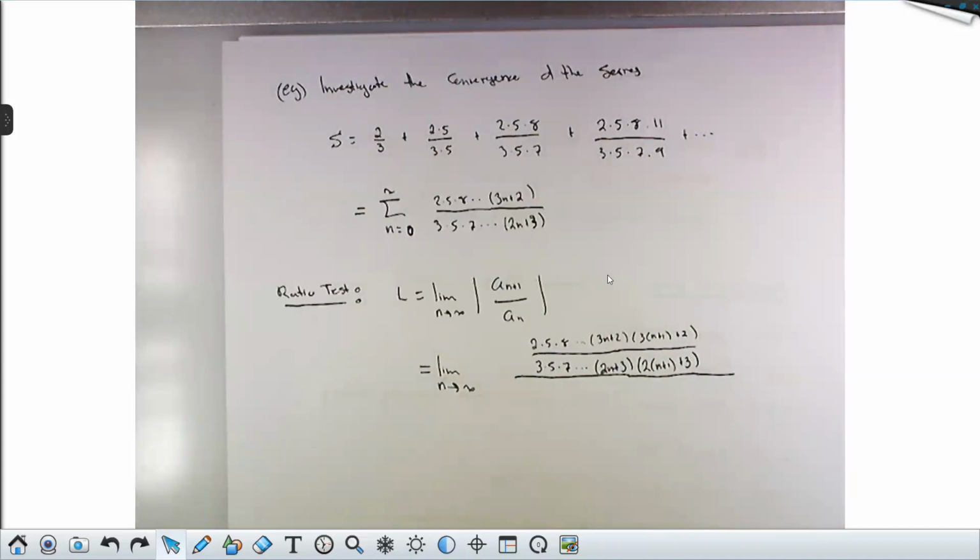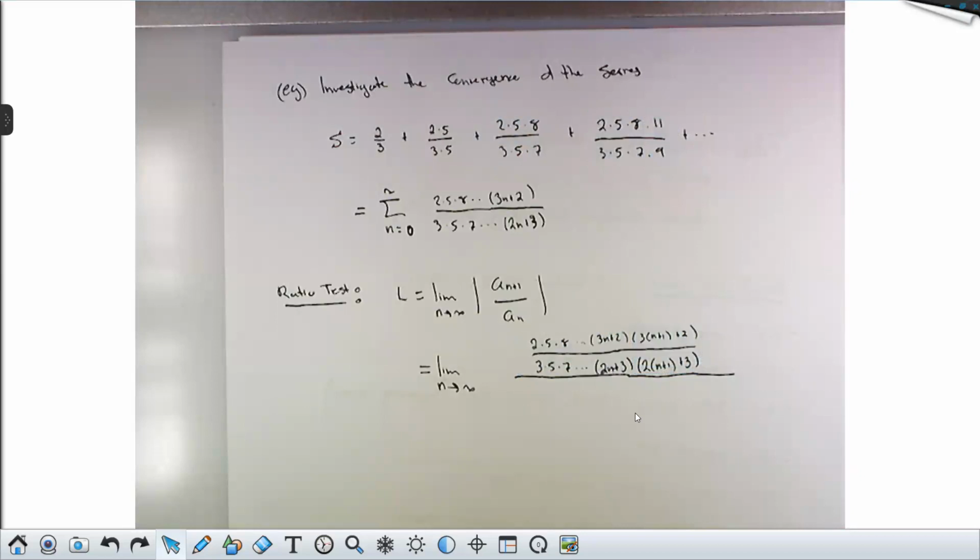And you should take a second to try and understand why. Like here is A2, here is A3. What's the difference between A2 and A3? A3 has a copy of A2 hiding inside of it, but the products just each contain one more term. So here's the copy of a sub n hiding inside a sub n plus 1, and then each of those products just has one extra term.